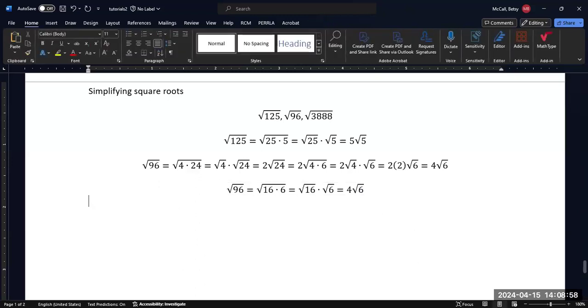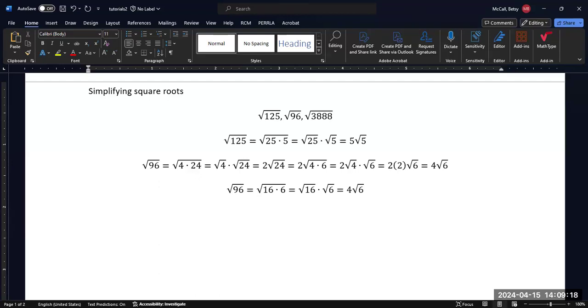But again, if I don't know that 16 is a perfect square factor of 96, that's fine. I just need to find one perfect square factor of 96, and then I can reduce the problem, and I can keep going until I get down to a point where I can't go any further.